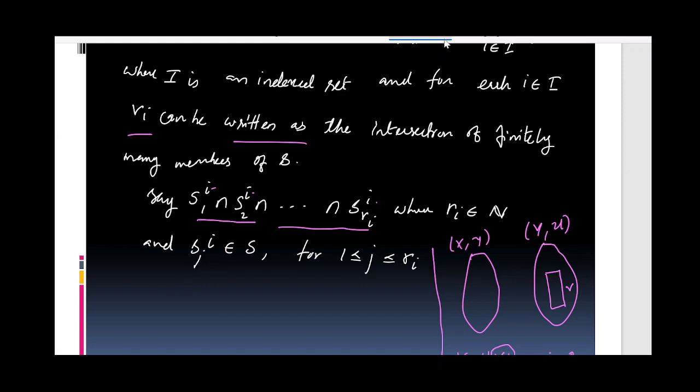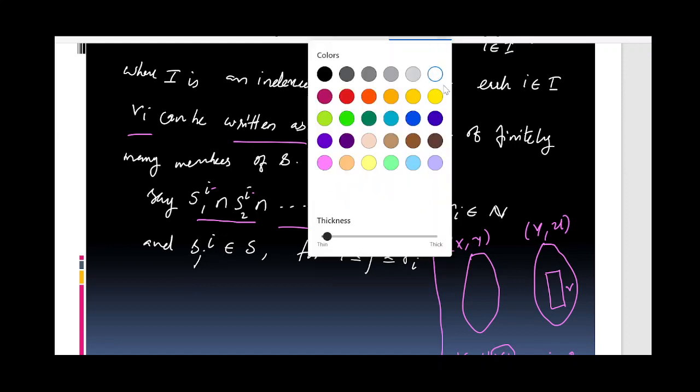Then if you're finding F inverse of Sji, F inverse of Sji belongs to our topology T. Each of these members, right?